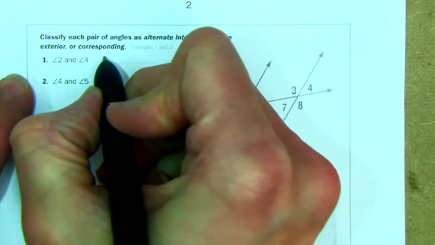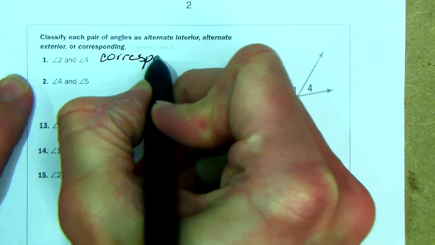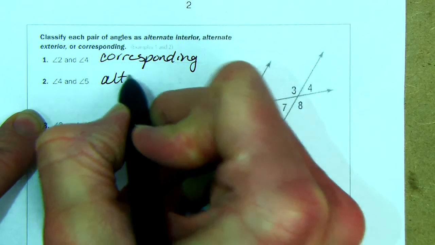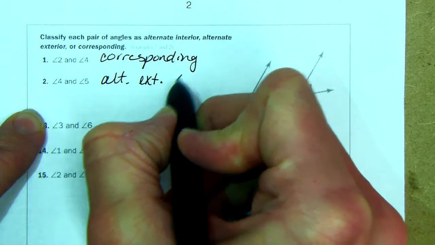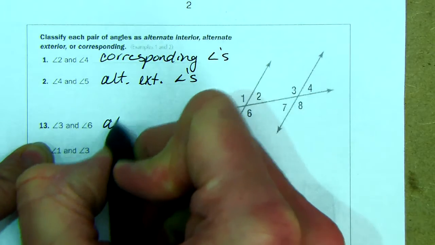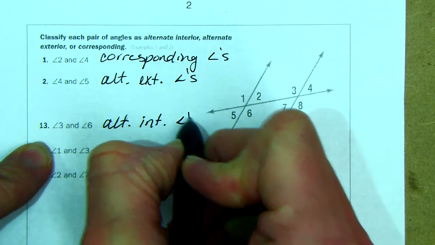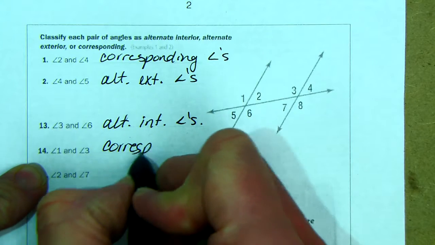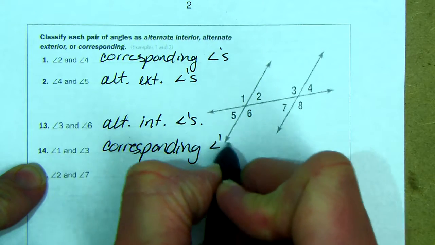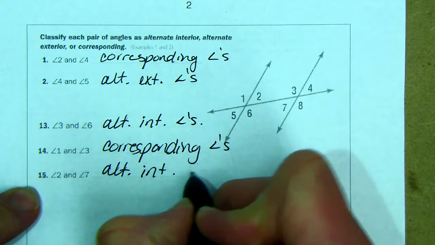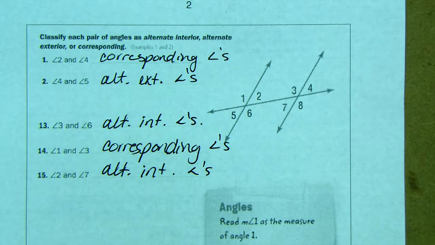Okay, they are corresponding. 4 and 5, alternate exterior. 3 and 6, alternate interior angles. 1 and 3, and 2 and 7, if you have any questions on that, make sure you review those on your foldable.